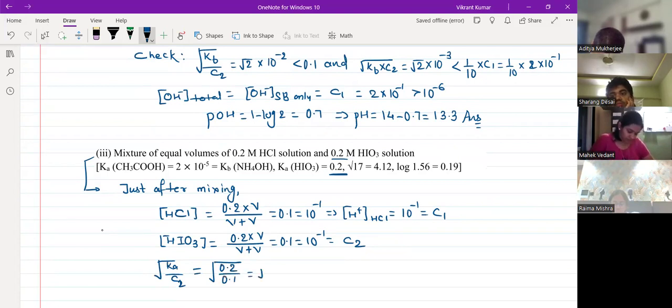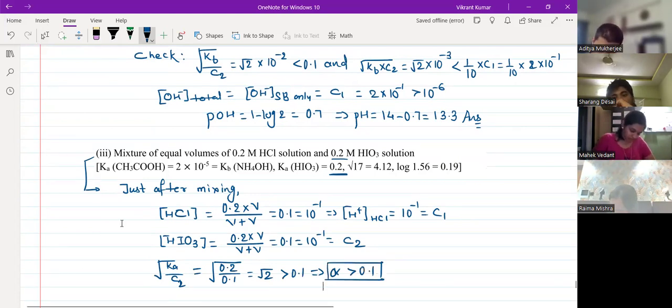So this is coming root 2. ये तो 1 से भी ज्यादा हो गया ना, तो 0.1 से तो definitely greater है. The moment I'm getting that, that means alpha is greater than 0.1 आने वाला है, obviously, है ना.